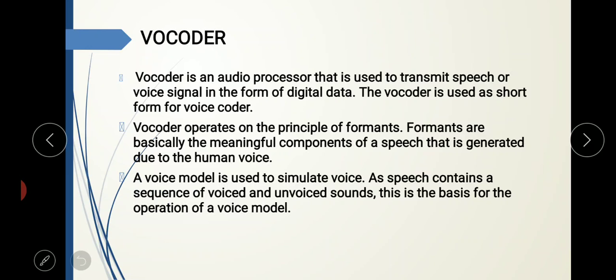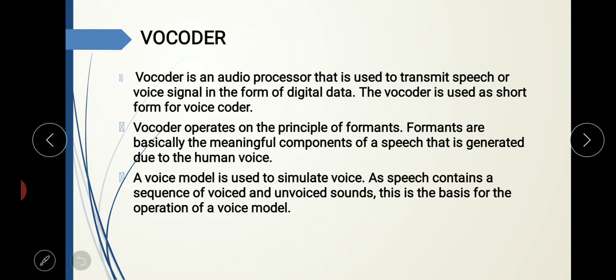So, what is formants? Formants are the meaningful components of a speech that is generated due to the human voice. Means that information a person is giving by their speech.